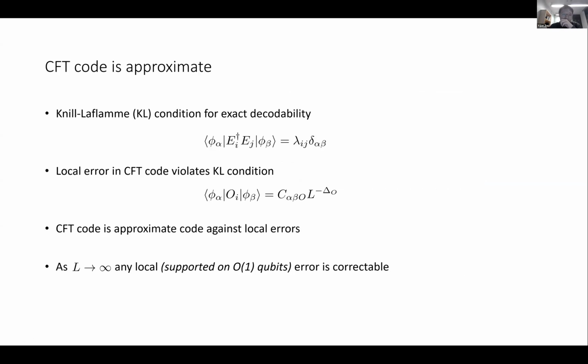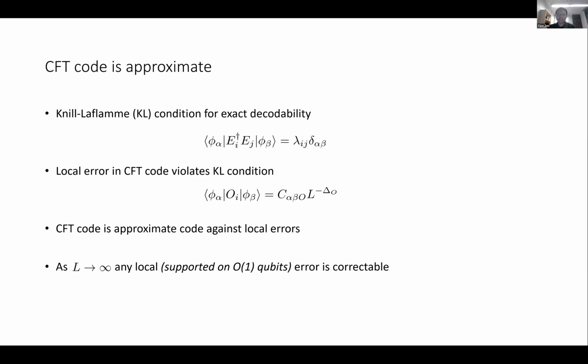Okay. So then we want to talk about whether this code can tolerate errors. Remember that for the repetition code, we can only correct bit flip errors up to 1/2 of the total system, right? So here for the CFT code, things are a little bit complicated, because first the code becomes approximate. For the repetition code, the code is exact.